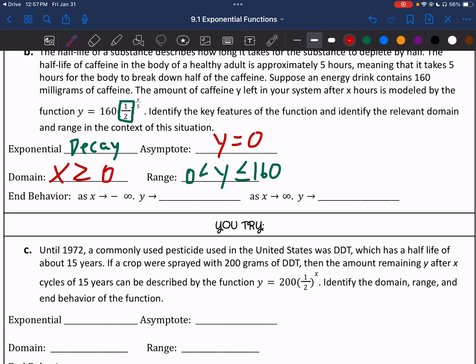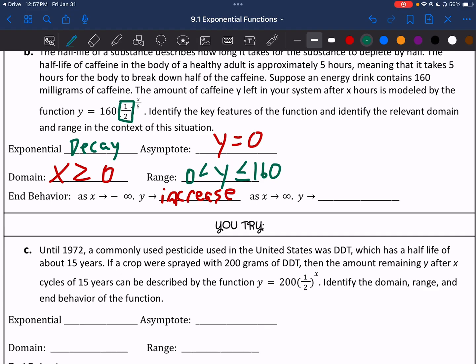As we go towards negative infinity, theoretically, your amount of caffeine would increase. So these end behaviors for infinity and negative infinity are really more theoretical than practical for one half of it.